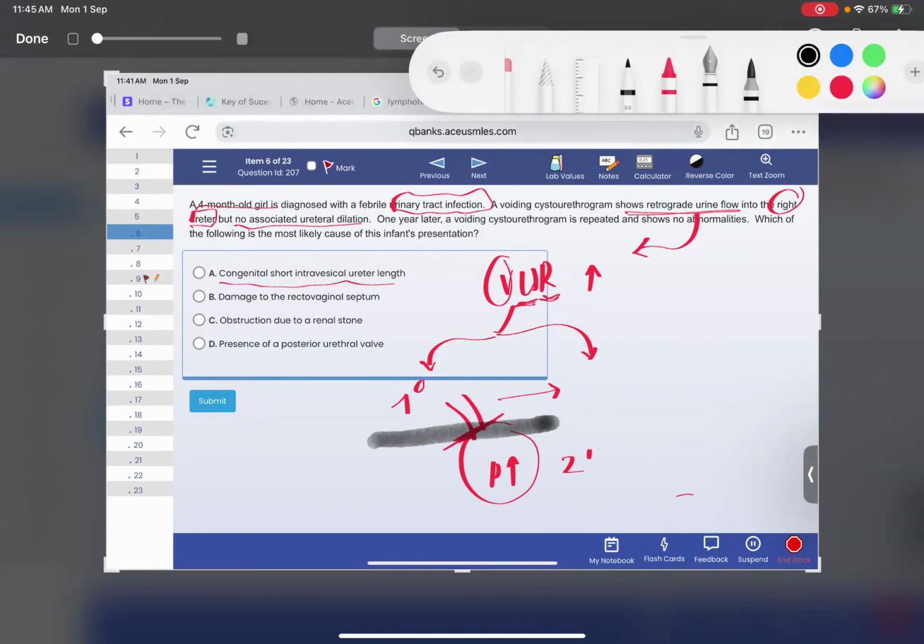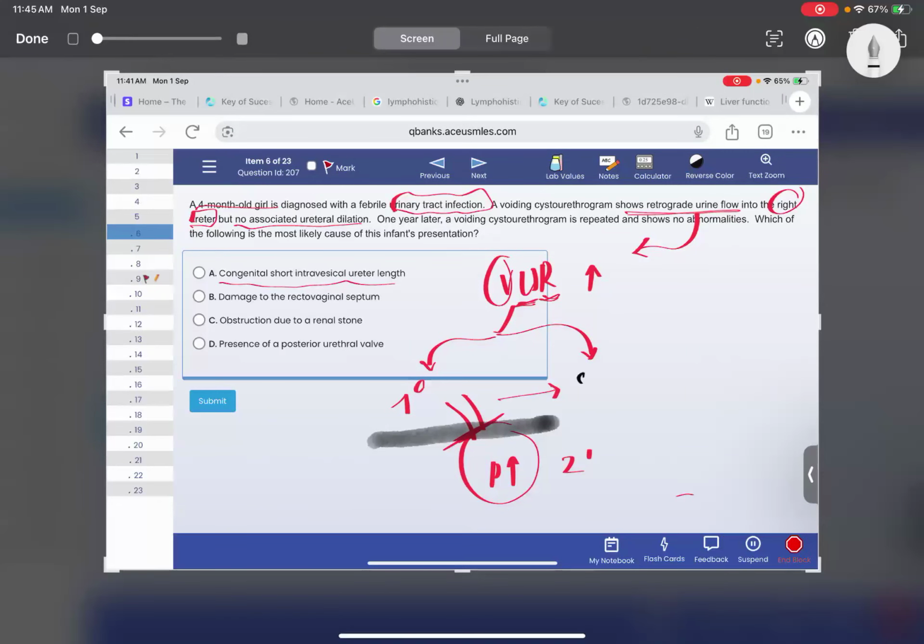In our stem, the ureter is congenitally short, or another condition like duplex ureter.